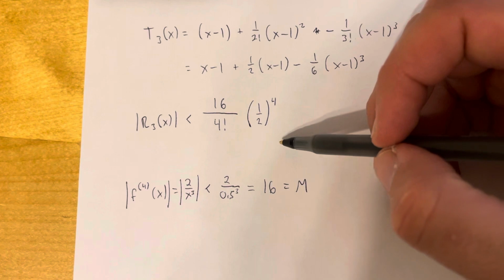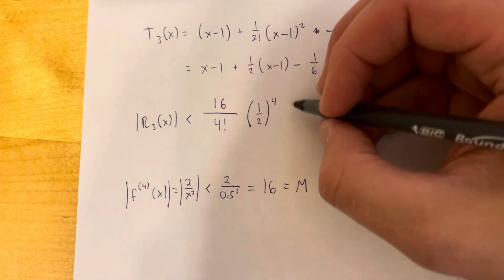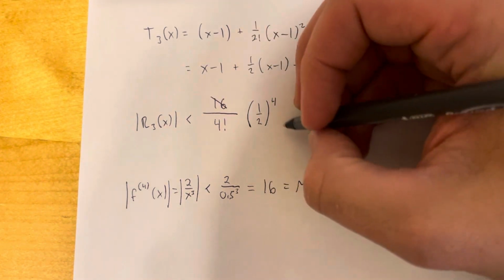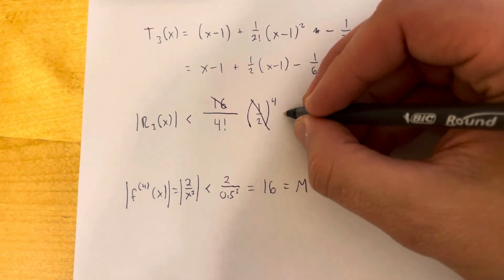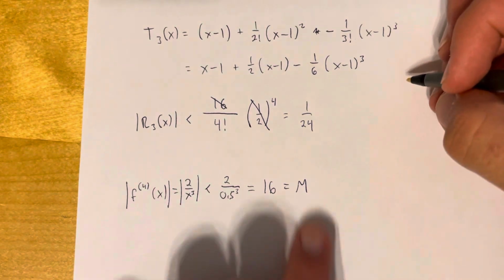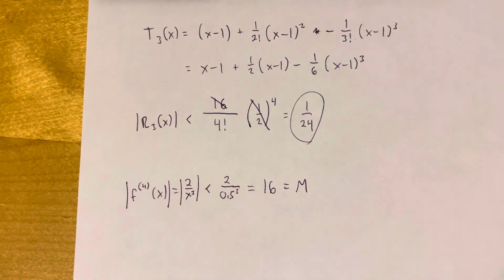Now let's look at this for a moment. 4 factorial is 24, and 1/2 to the 4th power is 1/16. So I'm going to have 16 here, and I'm going to have 1/16 here. Those are going to cancel, and I'm left with 1/24. So this is an upper bound on my remainder term.